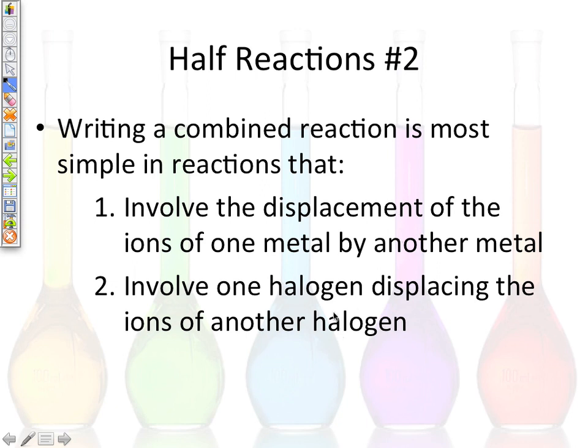Number 2 involves a single displacement or a double displacement that involves a halogen displacing the ions of another halogen. So in this one, my spectator ions would be a metal of some form. So my metals are not going to be written down. They're just in solution, being moved around.